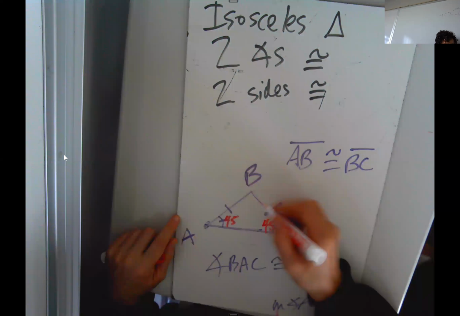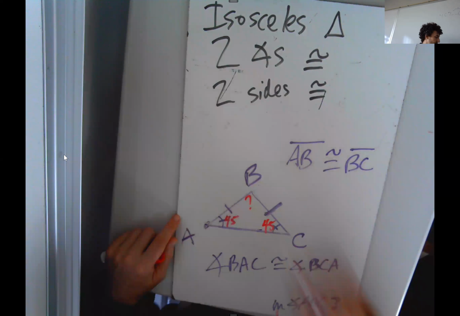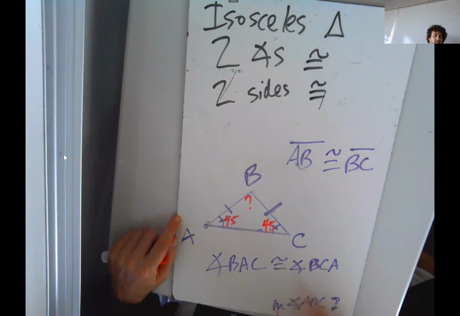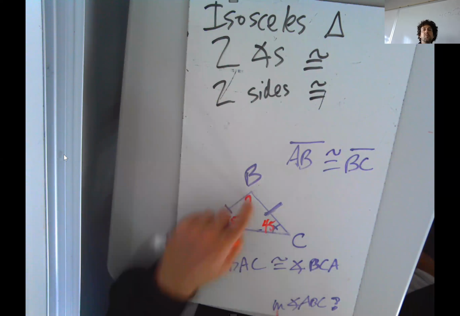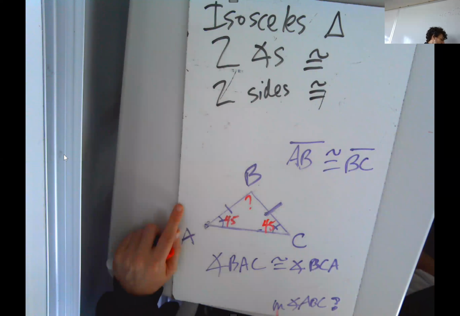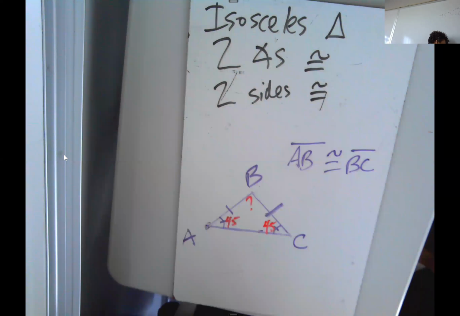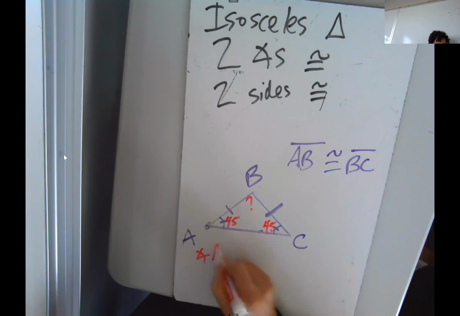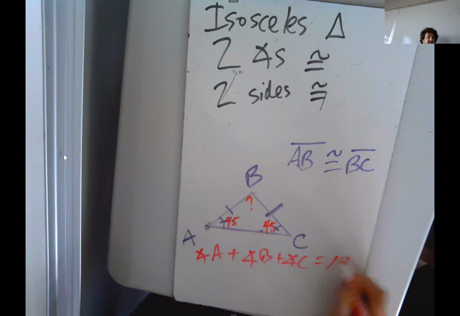Then you have the third angle that you don't know. We'll just call it angle B. It's really angle ABC, but we'll just call it angle B. And you know that the total number of degrees in a triangle is going to be something plus something plus something equals 180. So you can say angle A plus angle B plus angle C equals 180.